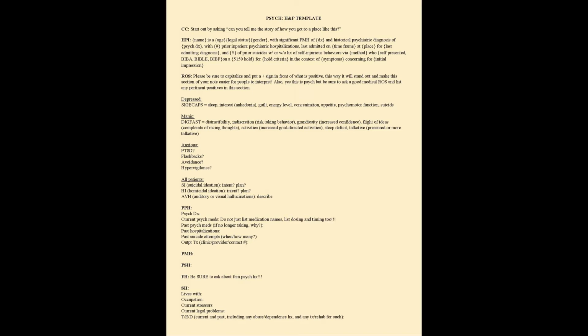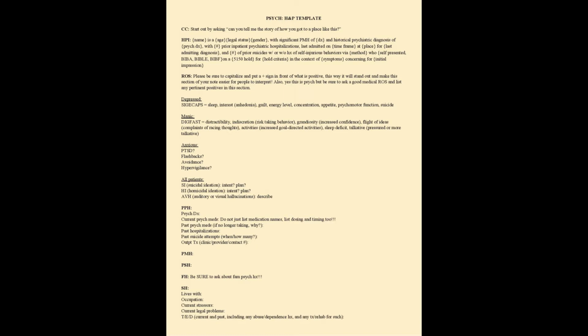And then how many prior suicide attempts they had, and whether or not they have a history of self-injurious behaviors, what methods they used if they did try to self-harm, and how they showed up. This is something you'll find in your IM rotations as well.